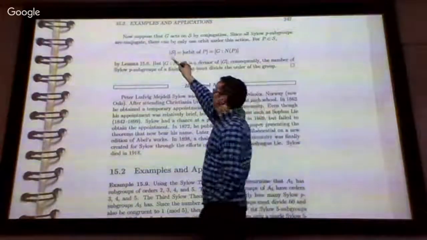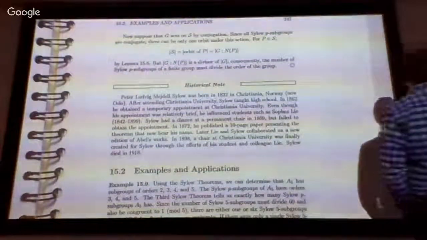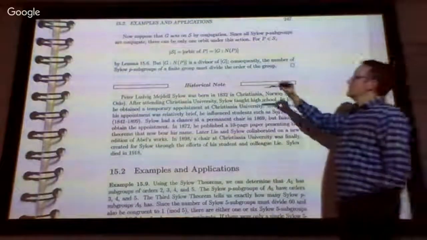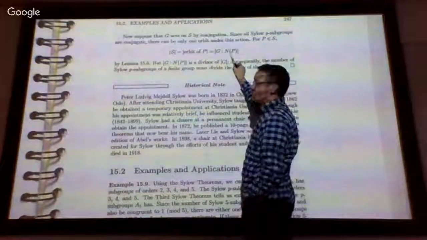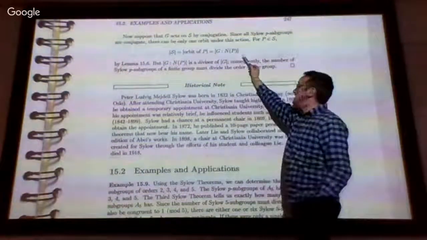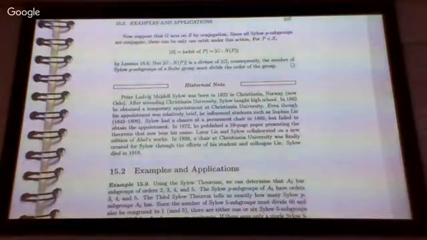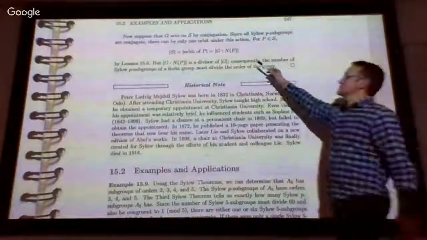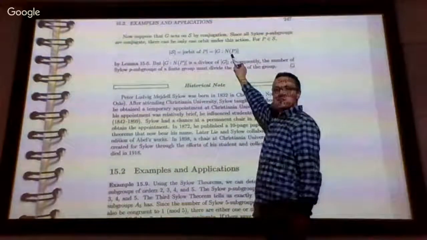So this is K. K is the size of S. It's the index in G of a certain subgroup. What's the index in G of a certain subgroup? It's the size of G divided by the size of that.